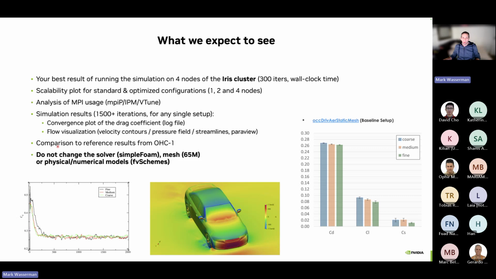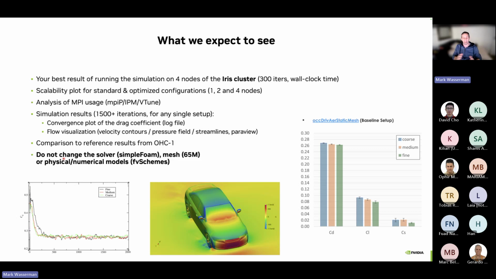We do expect you, as I said, to do a sanity check and to compare your results to reference results from OHC, and you can see they are easily obtainable once you enter the GitHub repo that I linked in this slide. And we do have some constraints, just to reduce the exploration space for you.